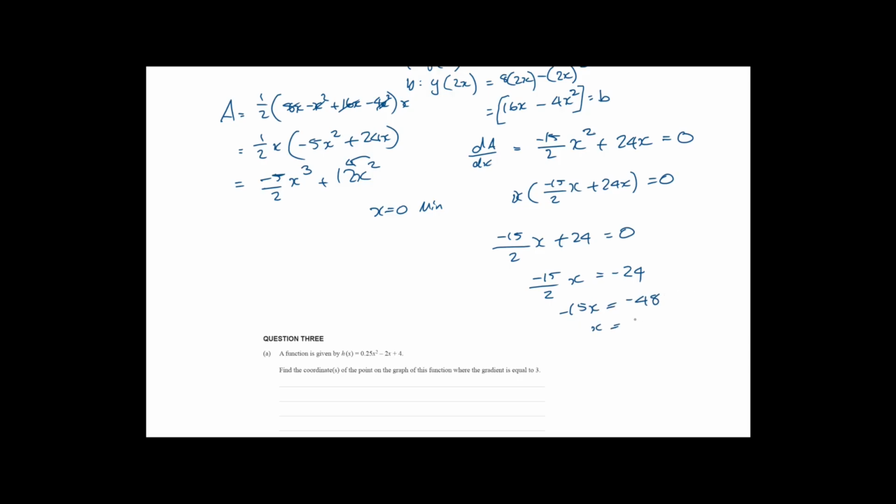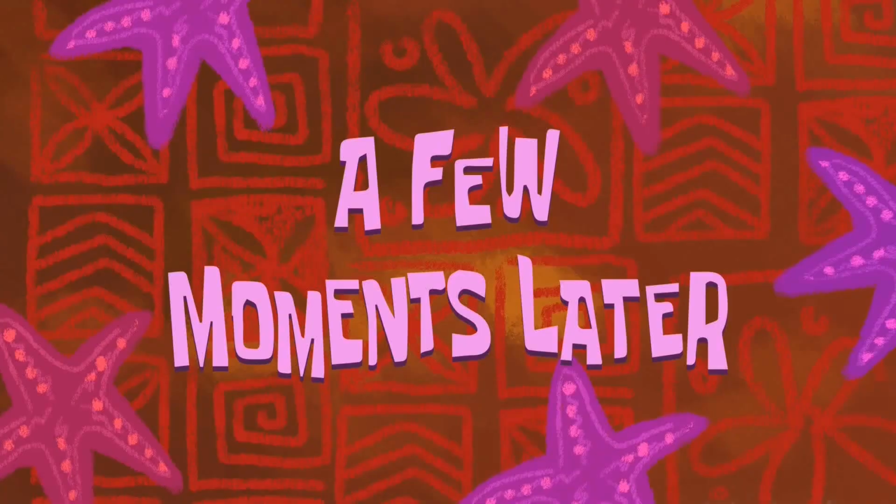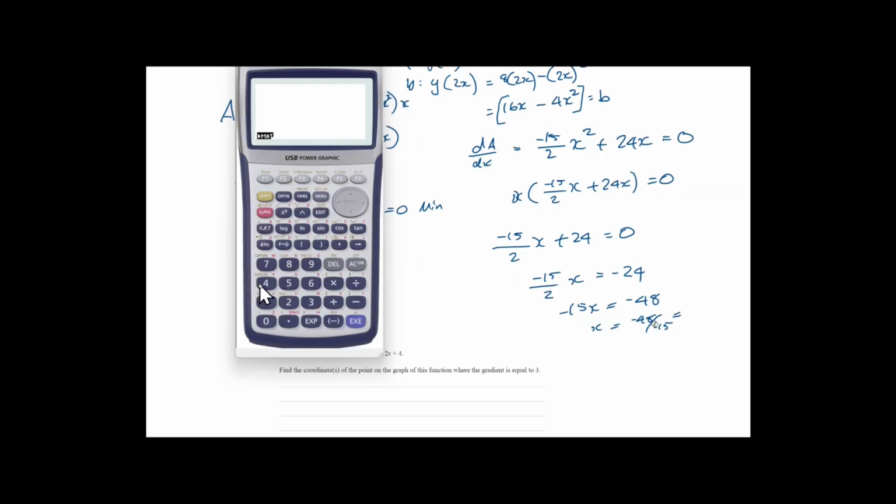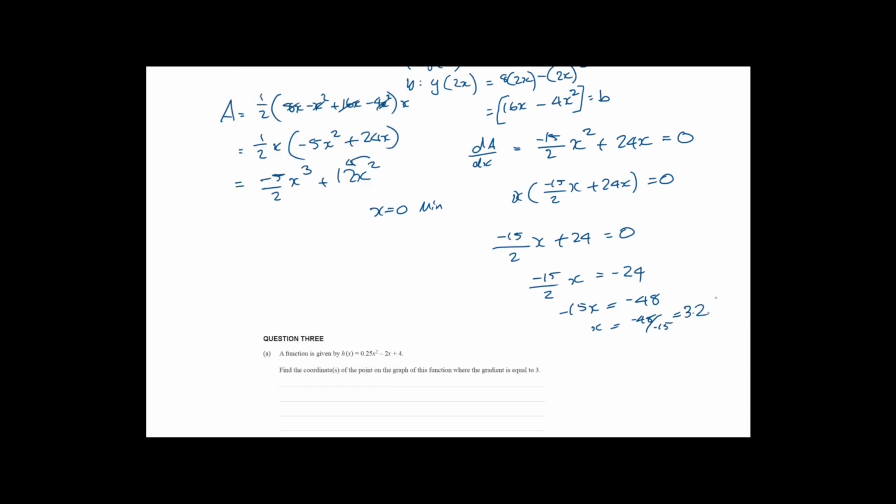So x must be negative 48 over negative 15, which is 3.2. So x equals 3.2 is going to maximize that area.